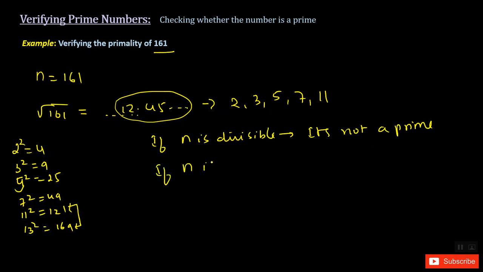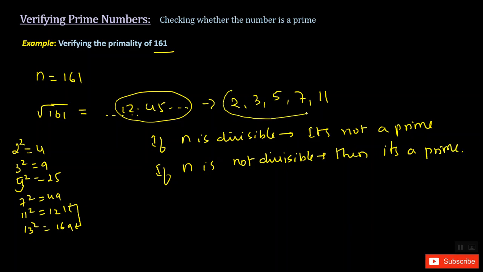If n is not divisible, then it's a prime. This is how you decide. If 161 is divisible by any of these numbers, then 161 is not a prime number. If it is not divisible, then it's a prime number.